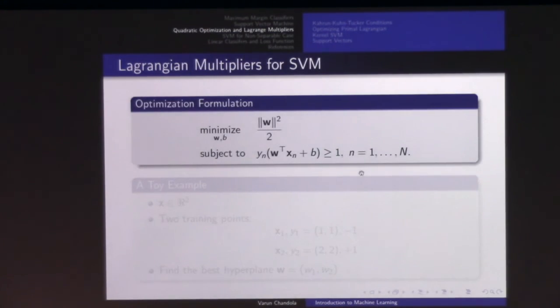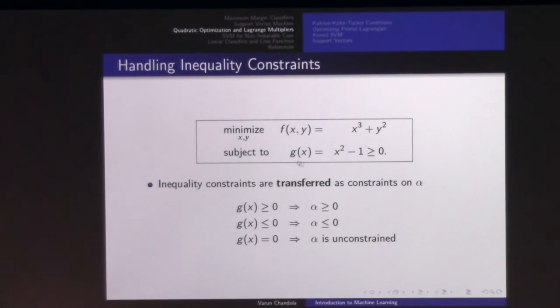For example, here the constraint is an inequality constraint, so you add that here. You say minimize x cubed plus y squared plus alpha times (x squared minus 1), subject to alpha being greater than or equal to 0. It is still a constrained optimization problem, but a simpler one where you're just trying to find those solutions in which alpha is greater than 0. So it's easier to solve. Those are the ways you do that.